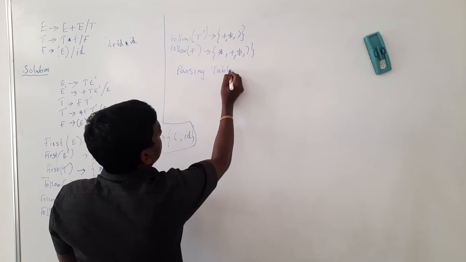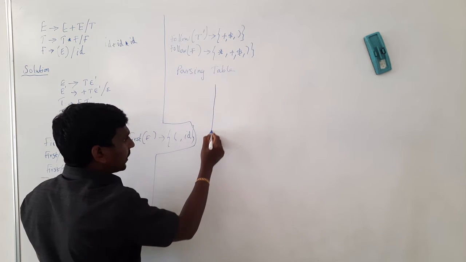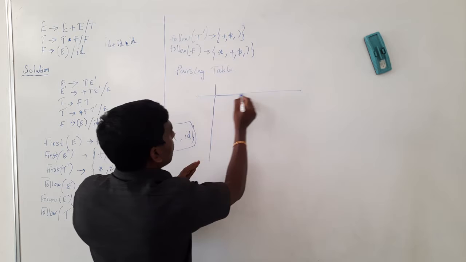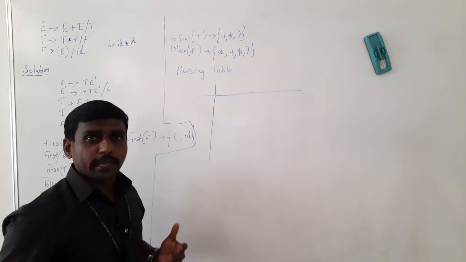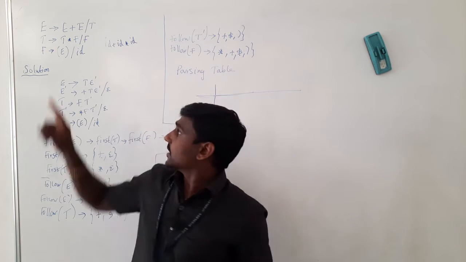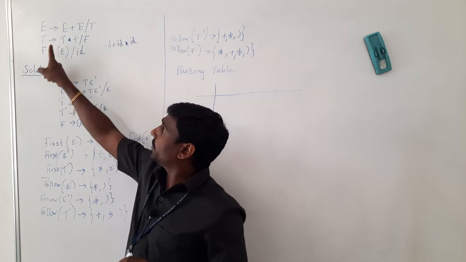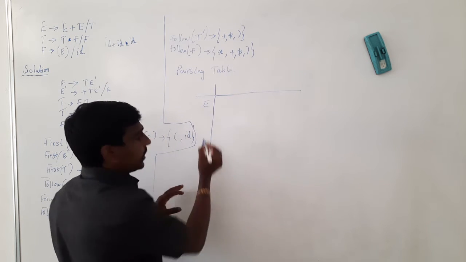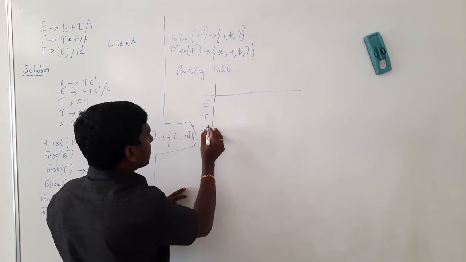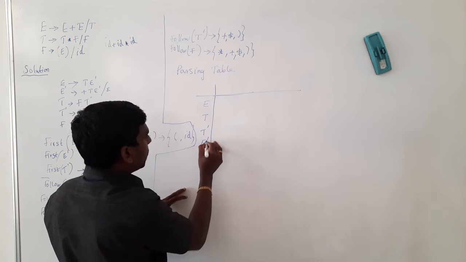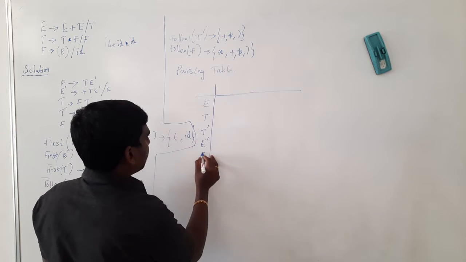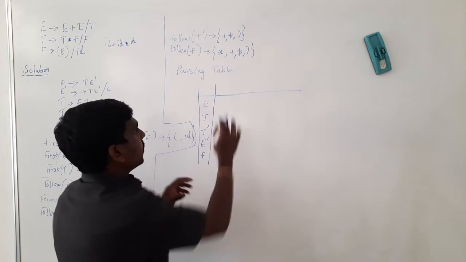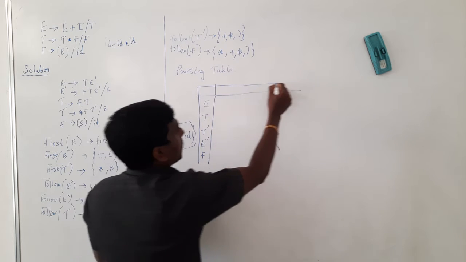In the parsing table, column wise we have the variables. How many variables are there? E is a variable, T is a variable, T dash is a variable, E dash is also a variable, and F is also a variable. And row wise we want to write the terminals.